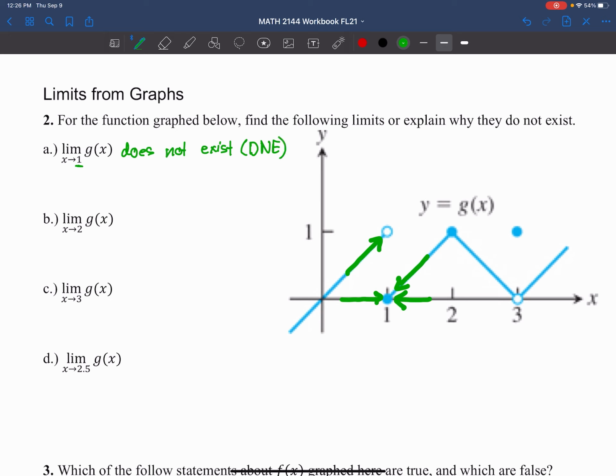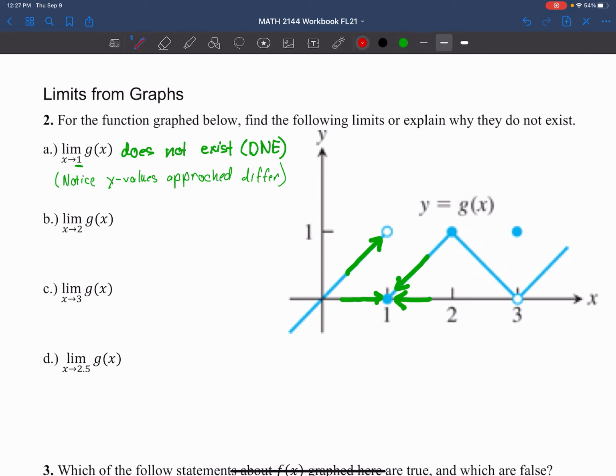There's no Denise in here for me to confuse, so I'll just say DNE, or does not exist. So again, to put it in words: notice that the y values approached differ in that case.